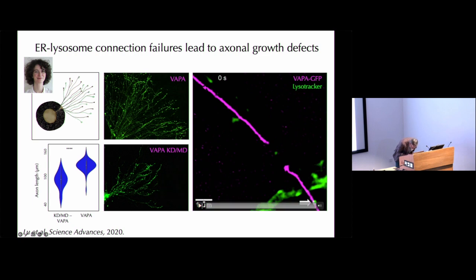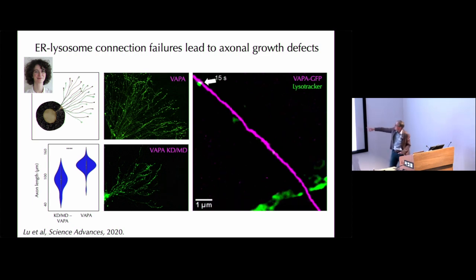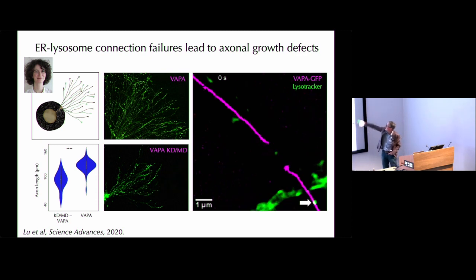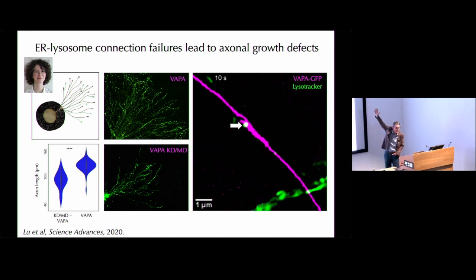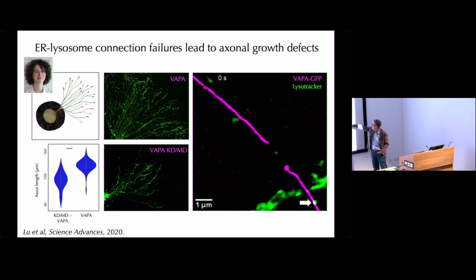Yeah, there we go. So you see here, in magenta, an ER structure going through the axon of one of these retinal ganglion cells inside this model. You see a lysosome coming along with a bit of ER wrapped around and reconnecting a broken piece of ER.